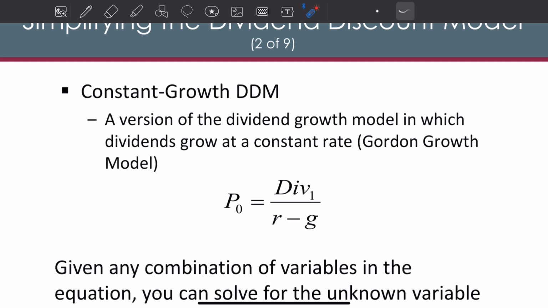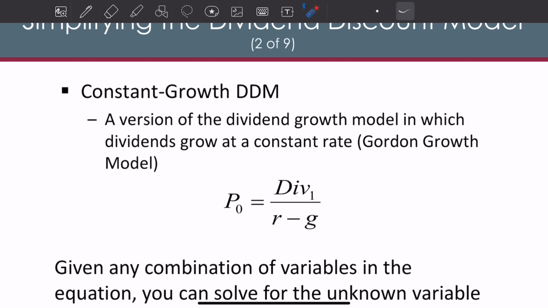Another scenario, which is more common, that we can apply when we know that the dividend is expected to grow at a certain rate, which is the most common scenario, because dividends typically for companies don't stay the same for a very long period. Typically, they grow over time, okay?